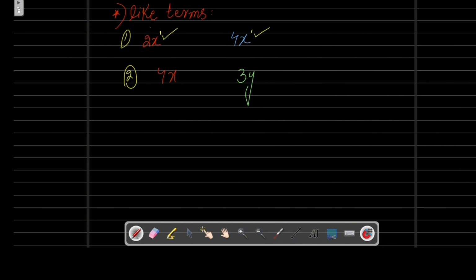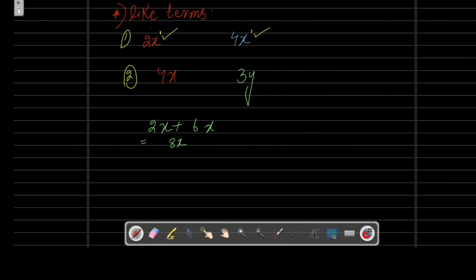Terms like 2x plus 6x. So we need to only add the numbers, not the variables. So the answer will be 2 plus 6, 8, and the variable will be the same.